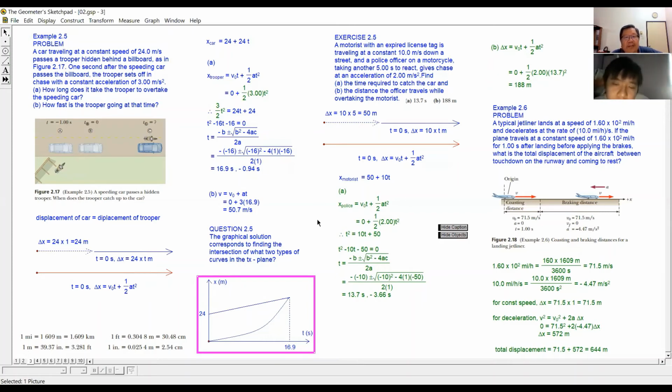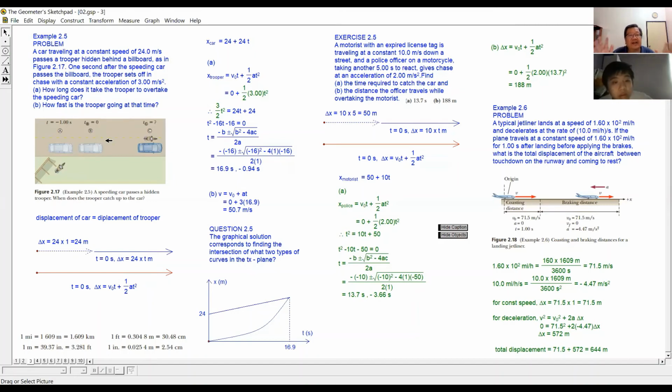Position versus time. Now, for the car, they start at 24. The displacement is 24. At this starting position here, the car has already started 1 second ahead.